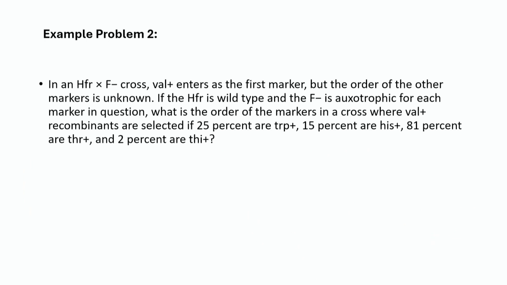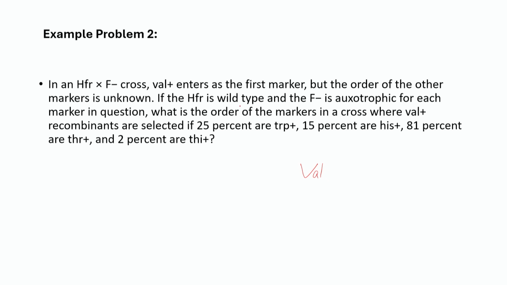And now there is another example. Many times these small examples come in the examination for you to solve. So it is a good idea to have a look at least a few numericals to understand them. So in a HFR and F minus cross, valine enters at the first place. So let's say valine is the first. But the order of the other markers are unknown.